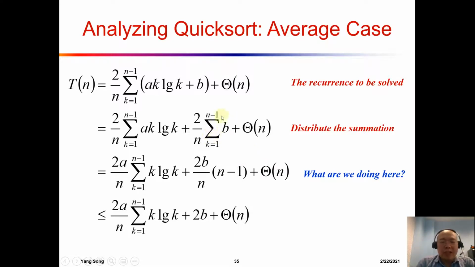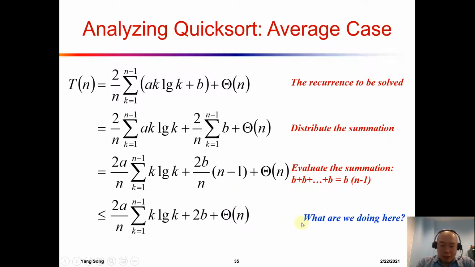You can see after the sigma, there's no k at all. So there are just a total of n minus 1 B's added together. So after having that, we just add n minus 1 of the B's together: n minus 1, multiplied by 2B divided by n.